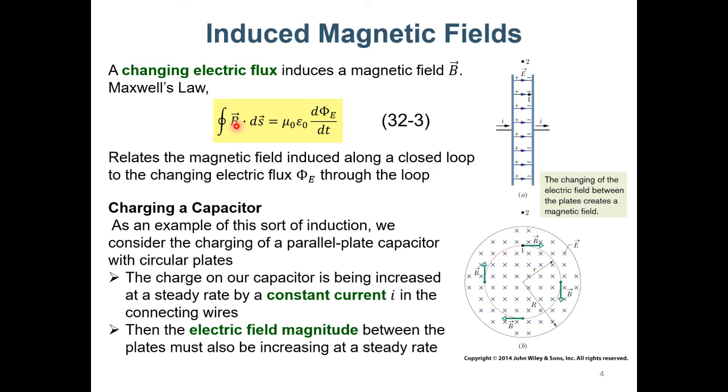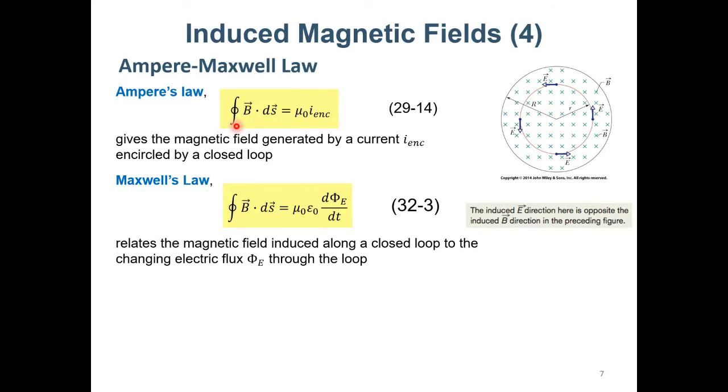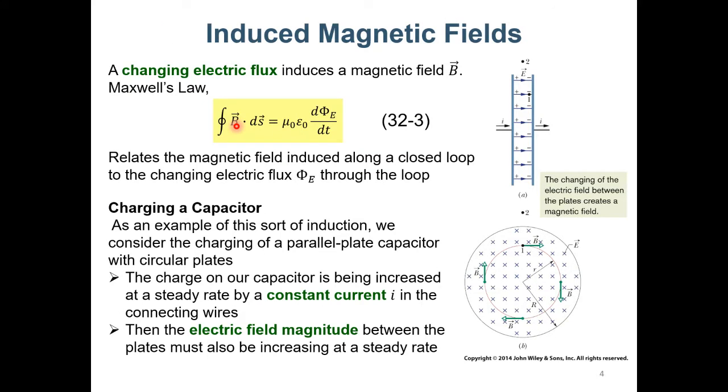In chapter 29, we know that B dot ds is mu 0 I, or I enclosed, something like that. I'm not really sure, I did not check it here, but it should be mu 0 I enclosed. For this one, it is a DC current or fixed current.